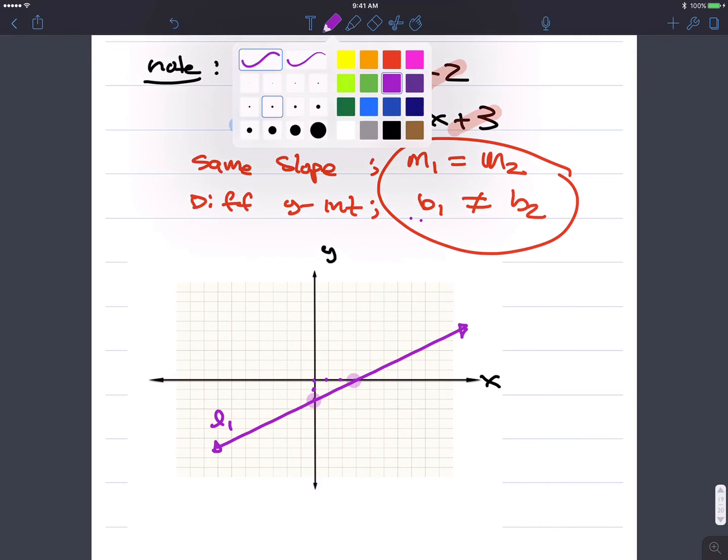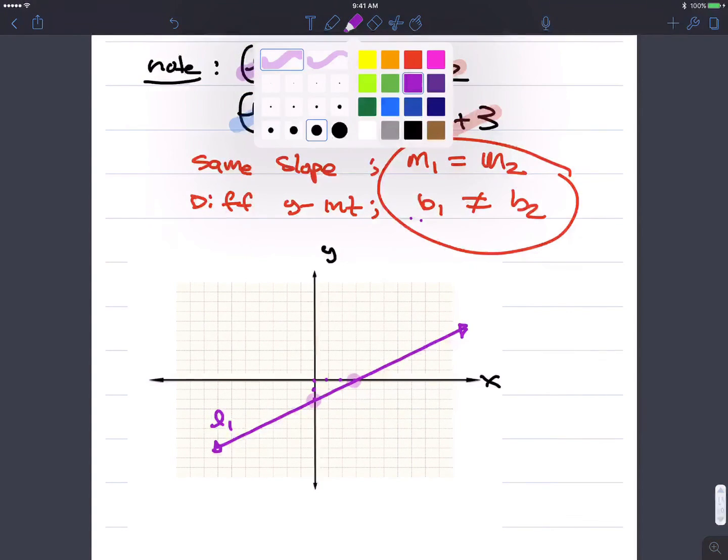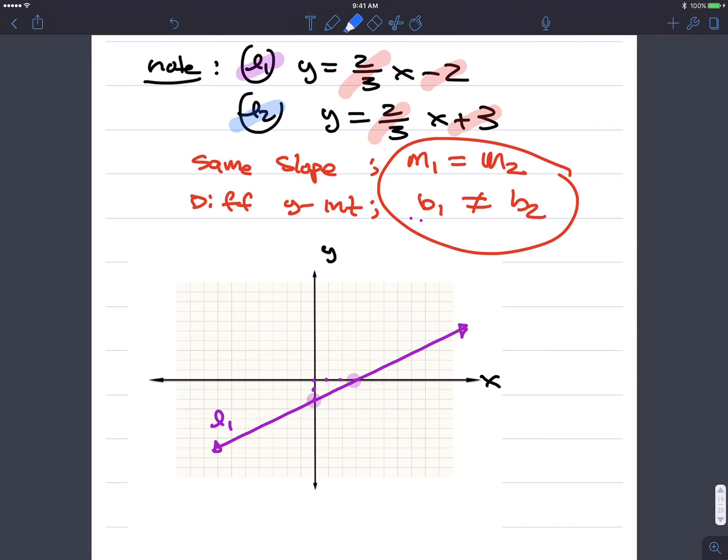Now in blue, we're going to plot y-intercept at +3. Let's go back. 1, 2, 3. Here we go. We're going to use our slope again of 2/3. Up 2, to the right 3.